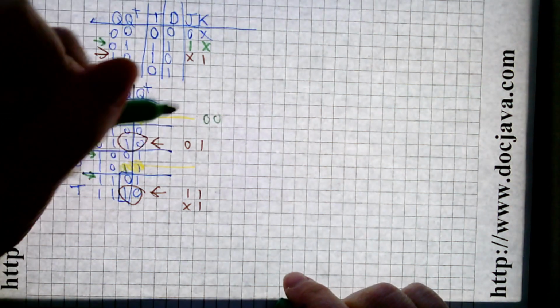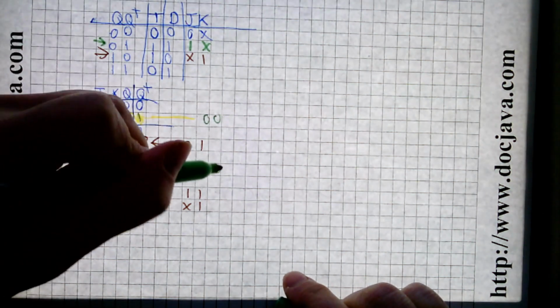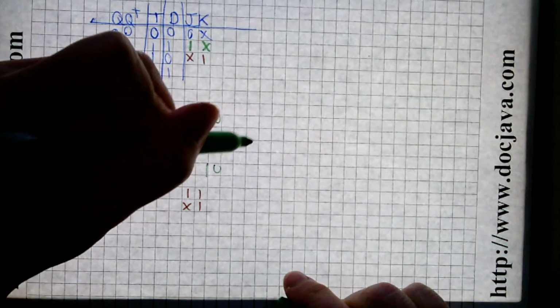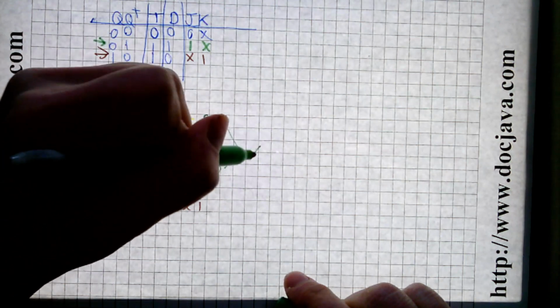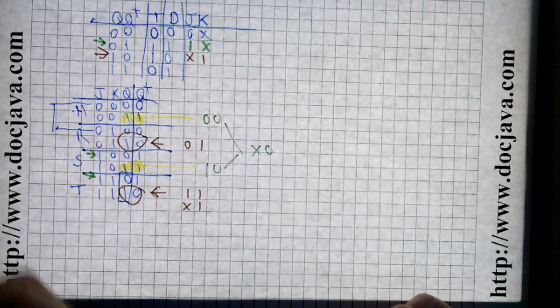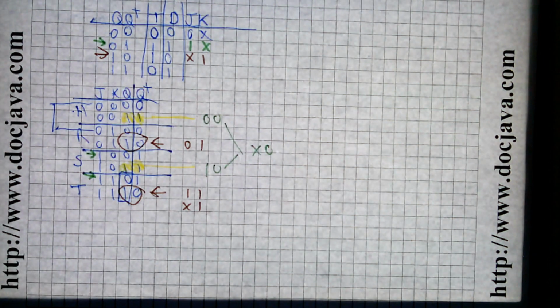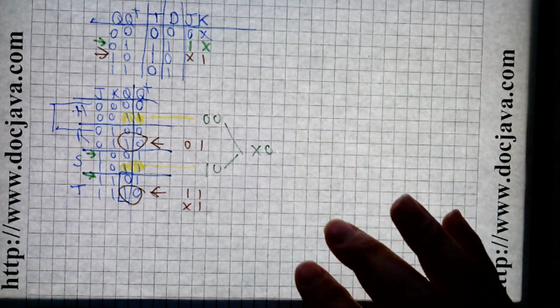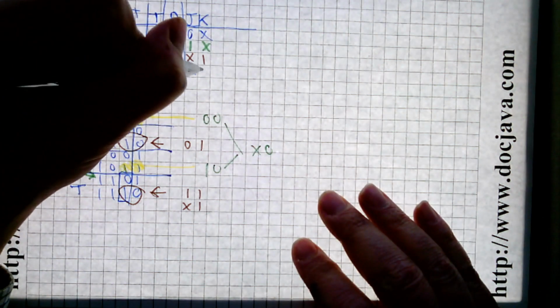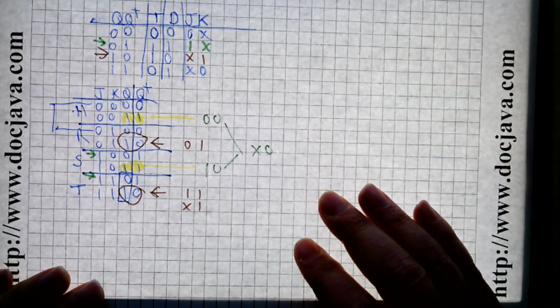Let's do this again. I can have 0, 0, or I can have 1, 0, which means, putting these two together, it's don't care 0. We're going to write this in pen. Don't care 0. Don't care 0.